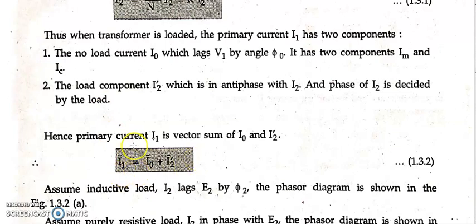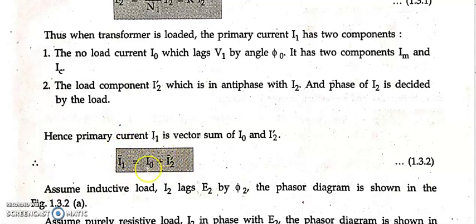And we know that this is the primary current. Before, I1 was equal to I0, and I0 was equal to IC plus IM. True, I1 is equal to I0. Before, we were not considering this because there was no load condition and I2 dash was equal to 0. Before, for the practical transformer we considered, we did not connect any load. But now we have connected the load, and due to this additional current is being drawn from the primary.